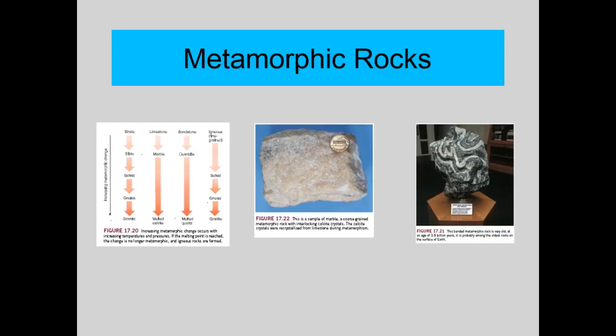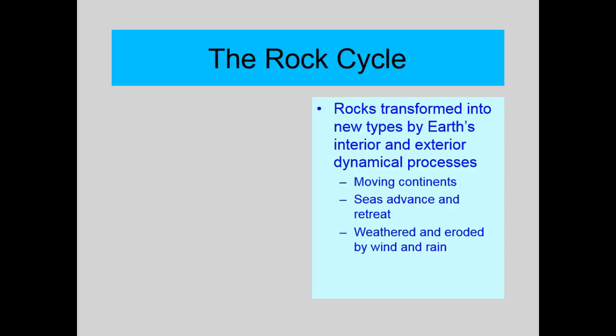There was also a sample of marble, and I meant to bring in one that I think is marble that we found in our yard, and I don't know where it came from. I forgot to bring it, but it looks a lot like this one in your book. But now we're ready for the rock cycle. Basically the last few slides and several things I've been talking about, the whole chapter compiles into this.